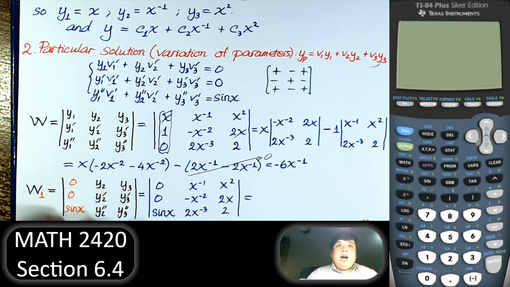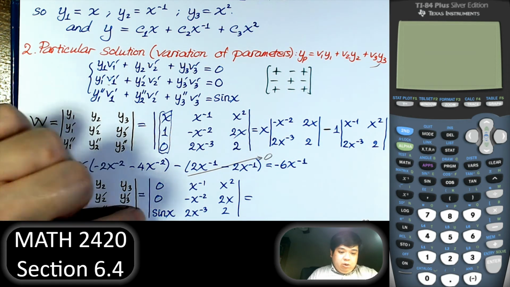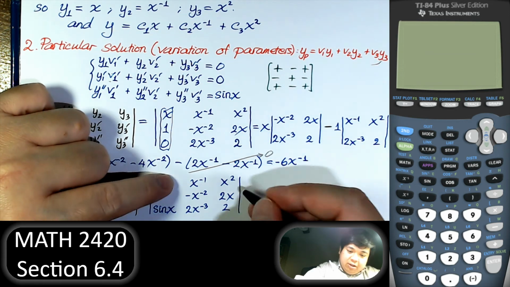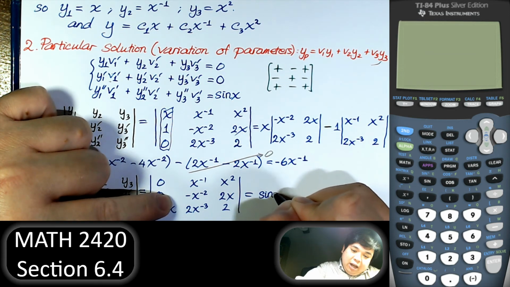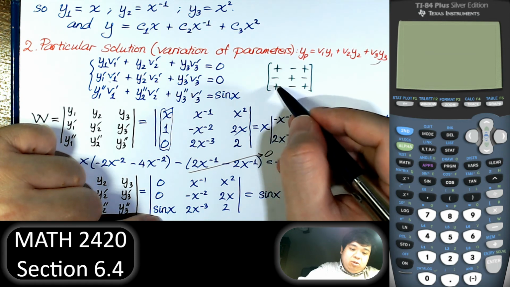Obviously we use the first column to evaluate. On that column we have sin x, sitting on the plus side.